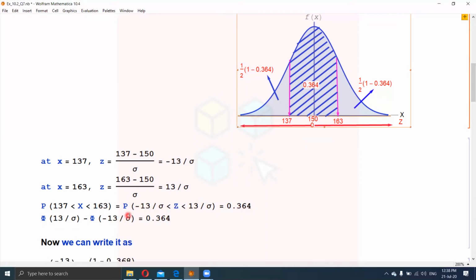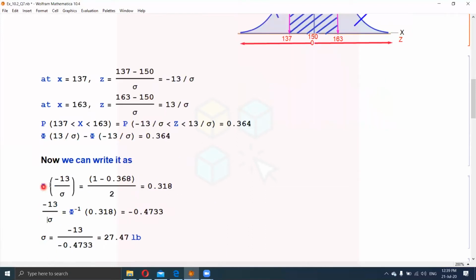We can write this probability as phi of 13 by sigma minus phi of minus 13 by sigma, using the theorem phi of A minus phi of B. So this probability is the between area of these 2 points, but beyond these 2 points, area would be written as in this form.